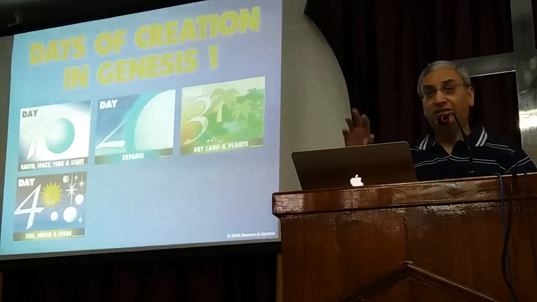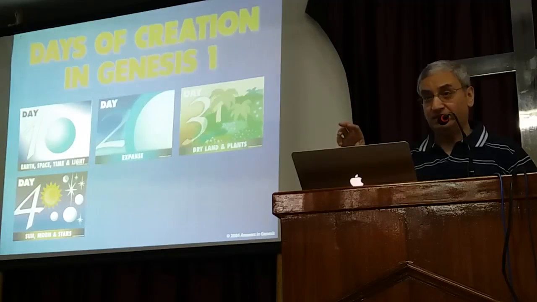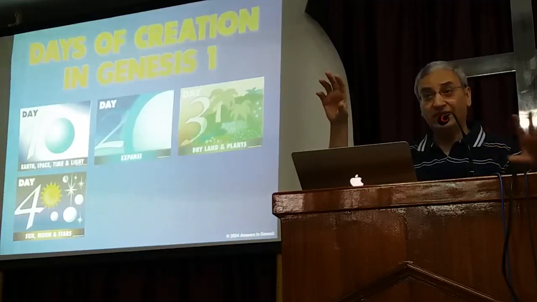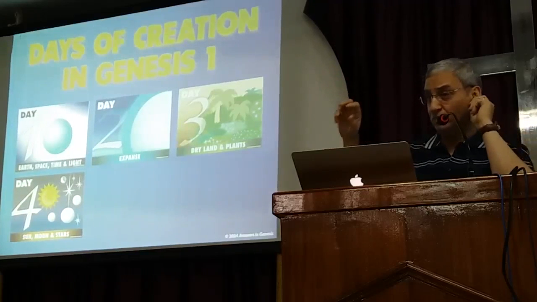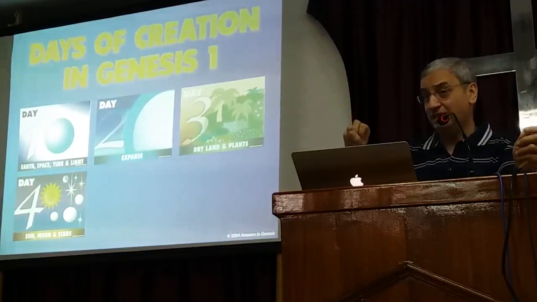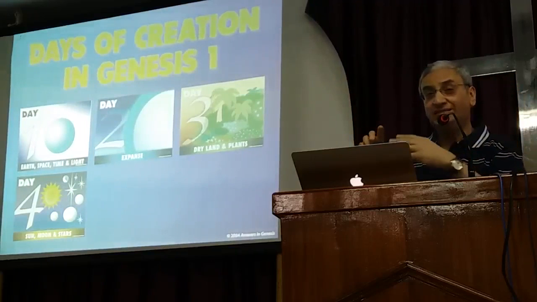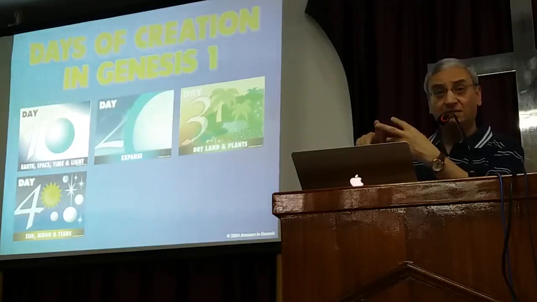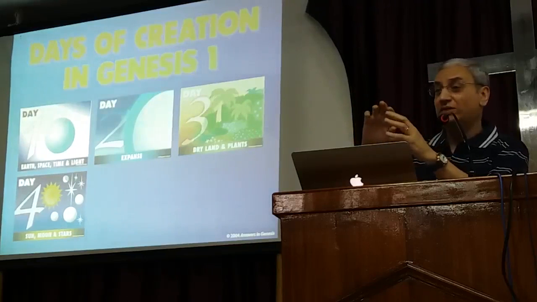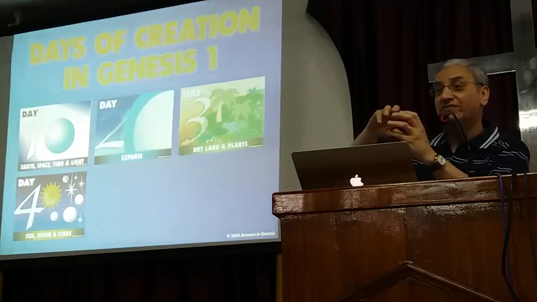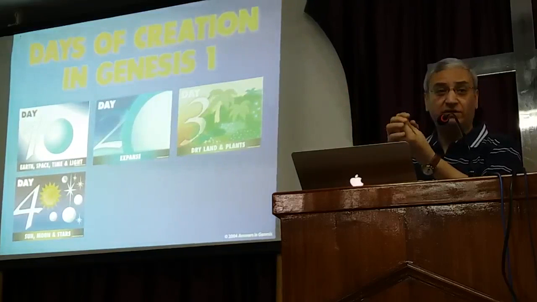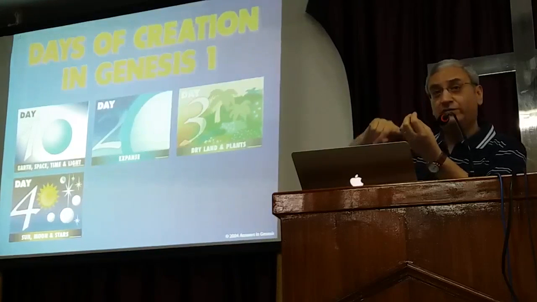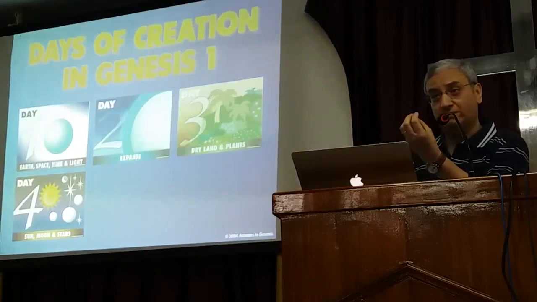On day 4, God created the sun, moon, and the stars. The sun to control the day, the moon to be the light, and the stars in the evening. And he said this is for seasons, years, and festivals. So it means we don't have a year without the sun, because the earth rotates around the sun to make a year.